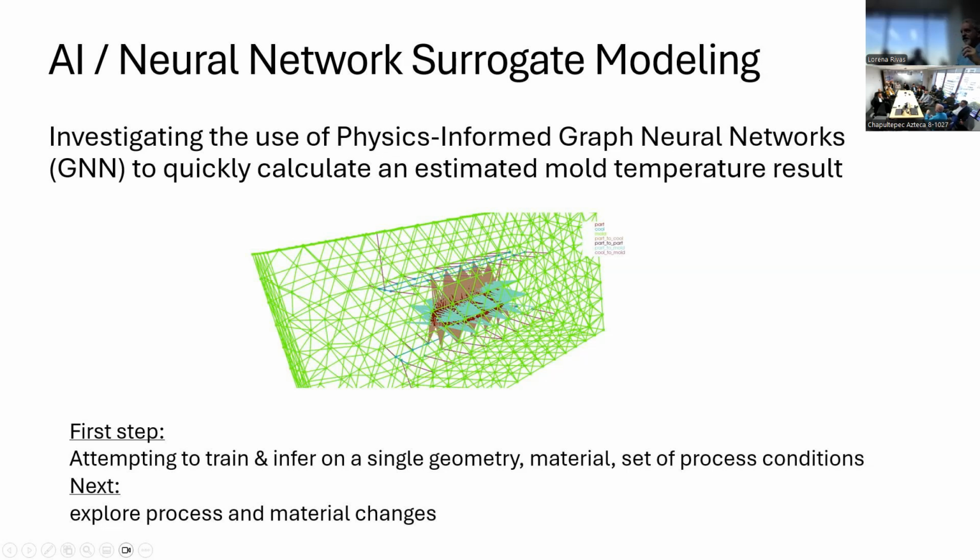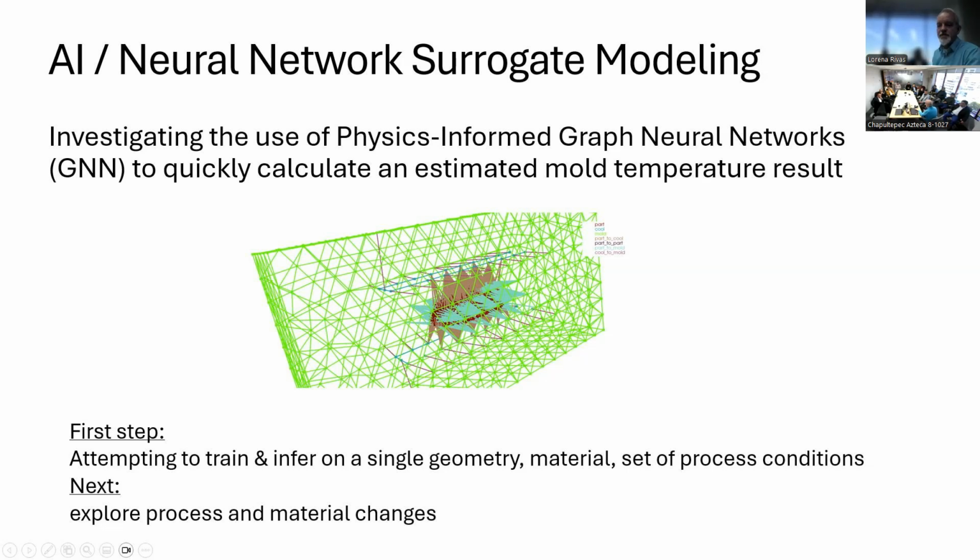As long as it's within, let's say, 10% error, that would still be extremely useful. It also opens up the opportunity to make things more interactive. If we build a cooling channel and I move the cooling channel up, we may be able to give you, in real time, an insight into what the new position would give you in terms of improvements.